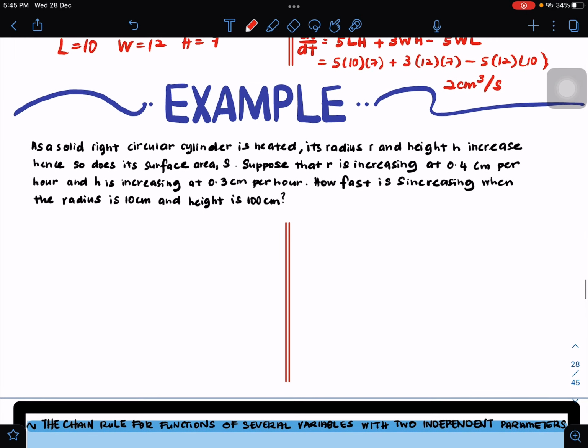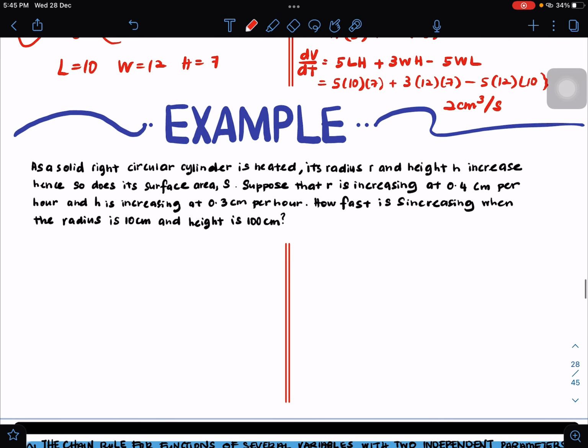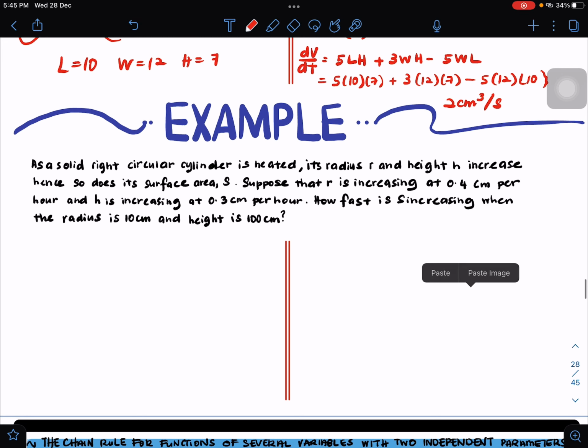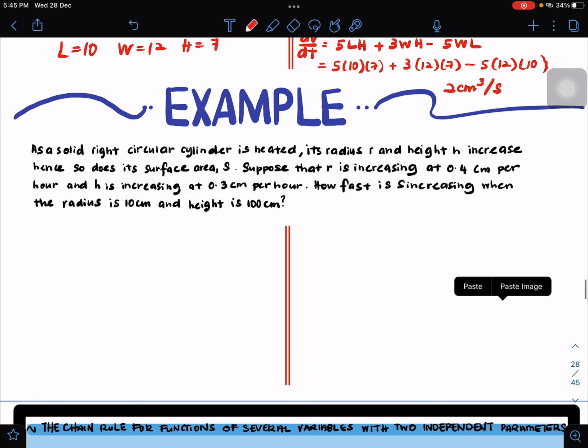Okay, tengok the last example here before we move to the two variables. As a solid right circular cylinder is heated, its radius r and height h increase, hence so does its surface area s.